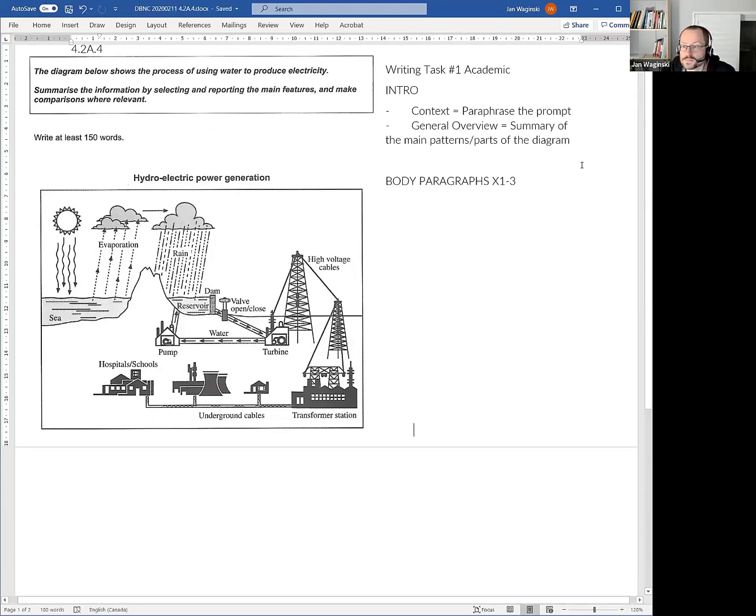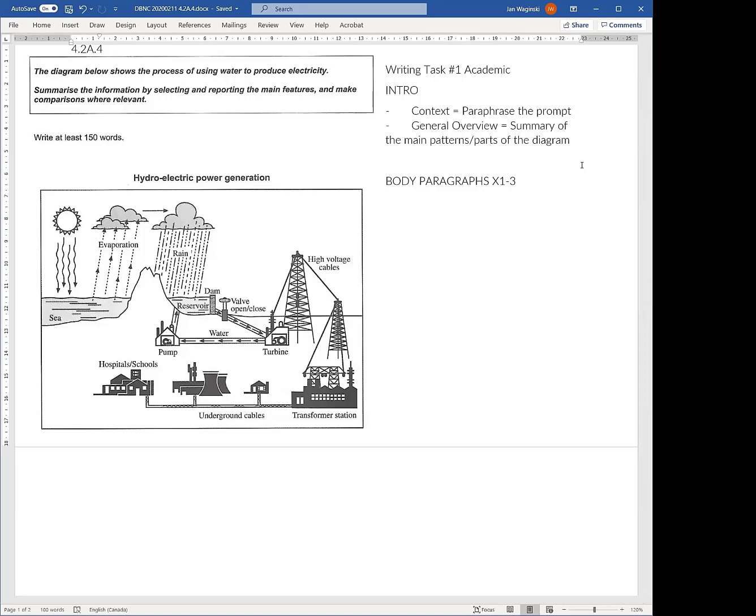Okay, so Nereza, why don't I ask you, how would you divide up this diagram? What are the processes that you notice here? Really, I understand what is on this picture, but explaining is harder for me. Mm-hmm. It's how water makes electricity.